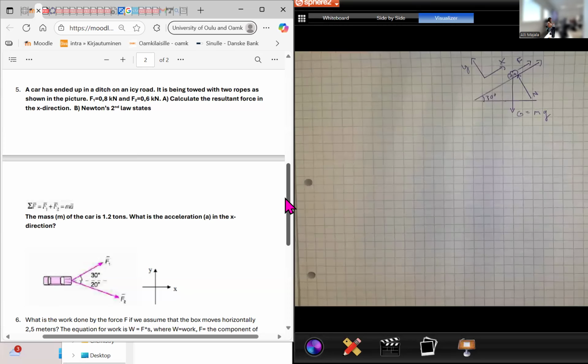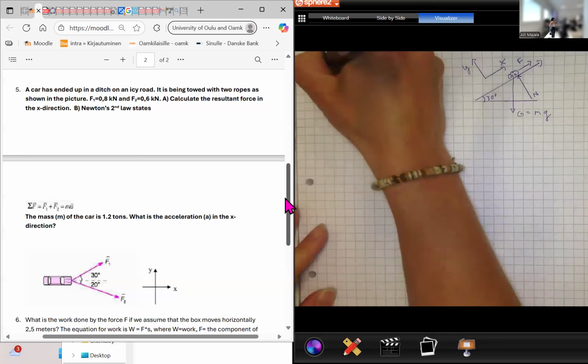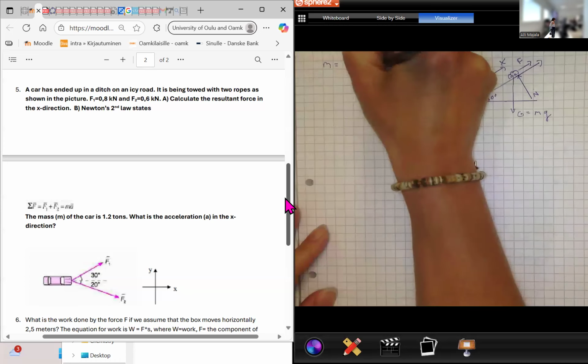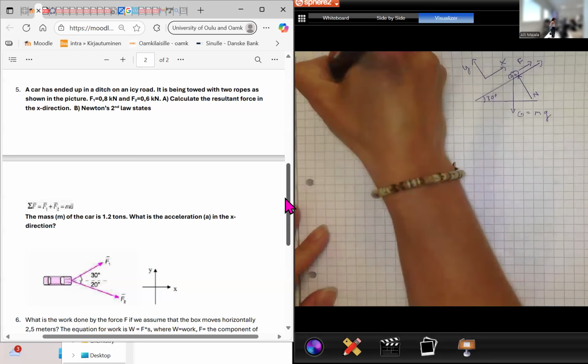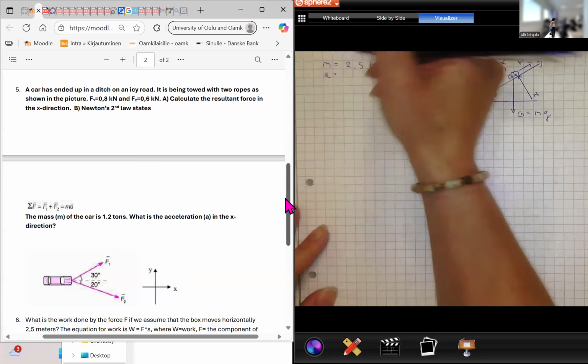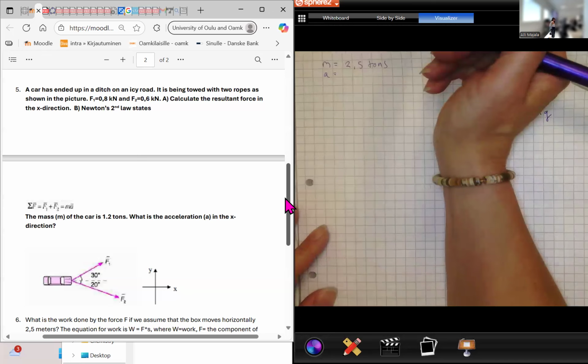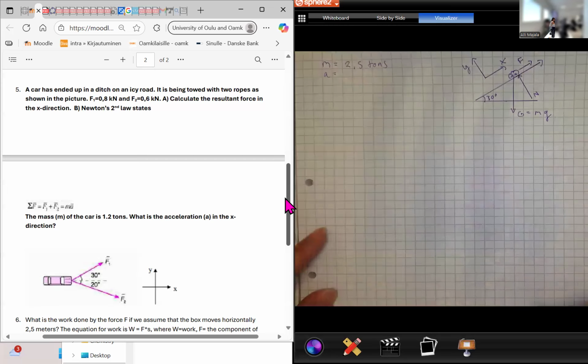So you would know some things. You would know the mass of the car. It would weigh 2.5 tons, something like this. You would know the acceleration. For example, what would it be? Or maybe you would need to calculate the acceleration or something like this.